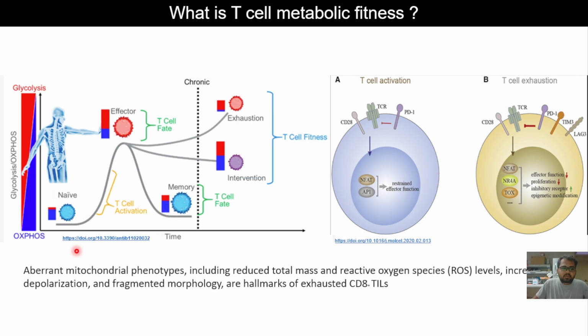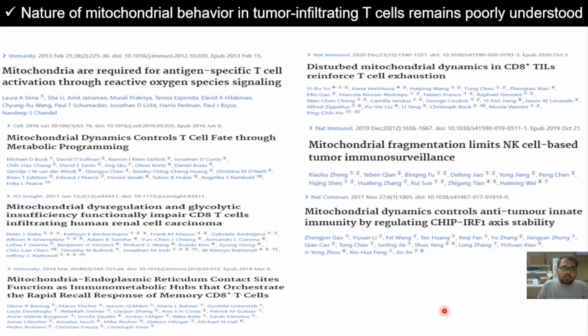And it is known that an aberrant mitochondrial phenotype, like reduction in the total mass and reactive oxygen species level, and increased depolarization and fragmentation of the mitochondrial morphology, are hallmarks of exhausted CD8 tumor infiltrating lymphocytes. So with this knowledge, we will move forward.